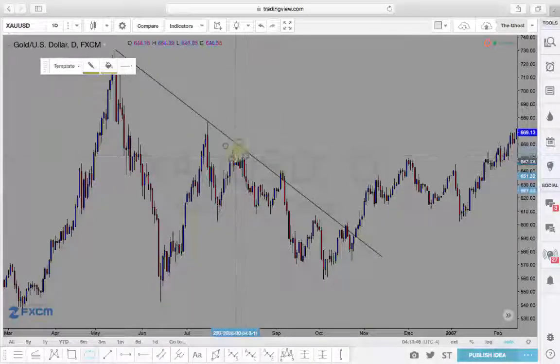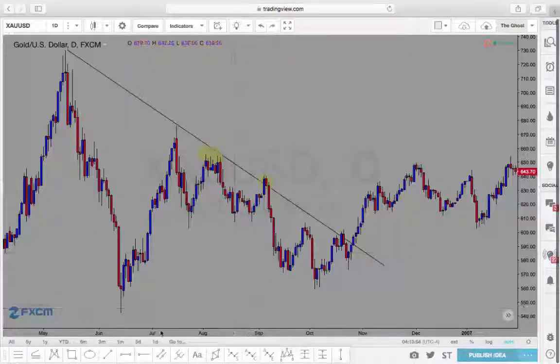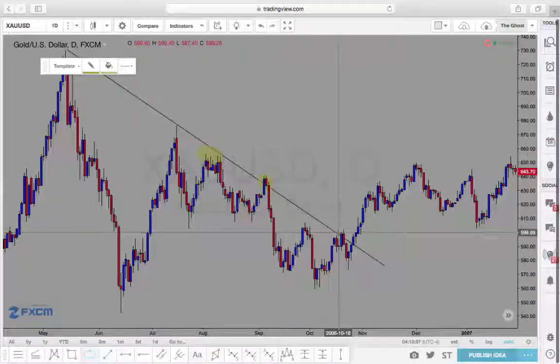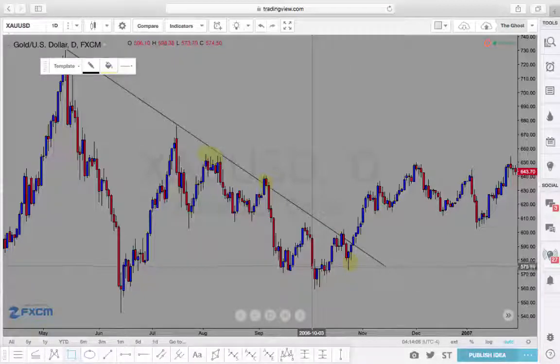Trend line bounce. False close above. Rejection off previous support, and that previous support comes into play right along this area right here.